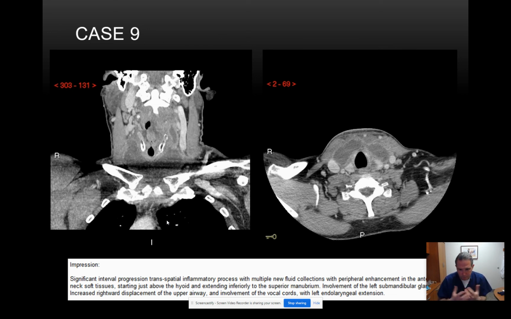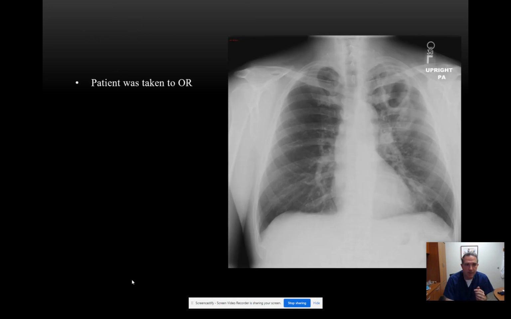So this is case number 9. Patient had all these gross necrotic lymph nodes in their neck, red, appropriately. The patient, based on the read of the neck, was taken to the OR for a washout of these neck abscesses through mixed flora.